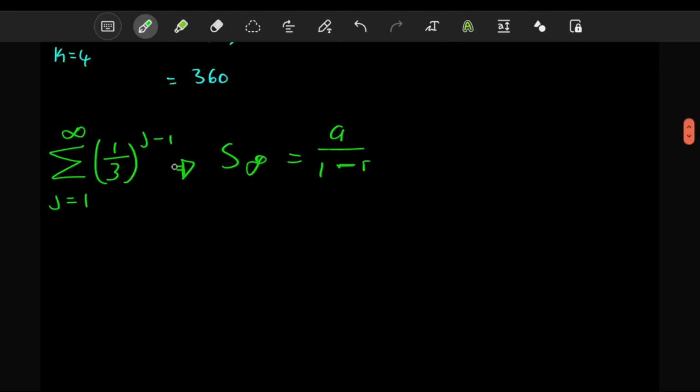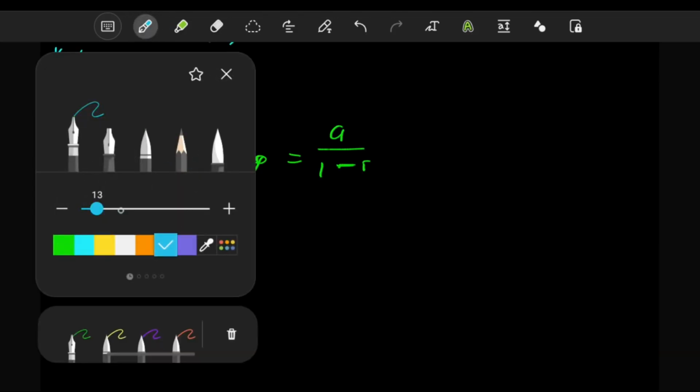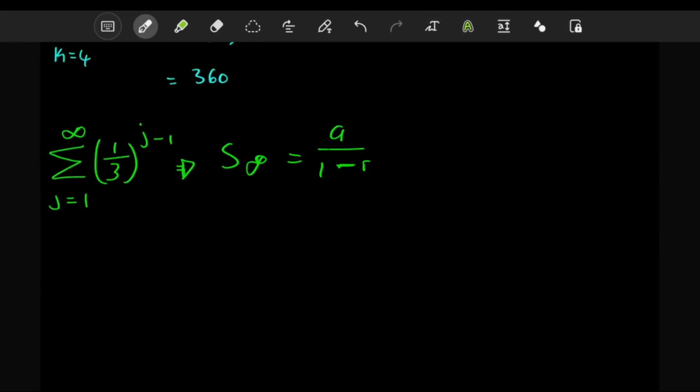In this case, looking at the way this is structured, you already know that your value of r is 1/3, and your value of a, you get it by putting 1 where j is. But for a scenario like this one, if you're not sure what a and r are, you can just write out a few of these terms, t1 and t2.